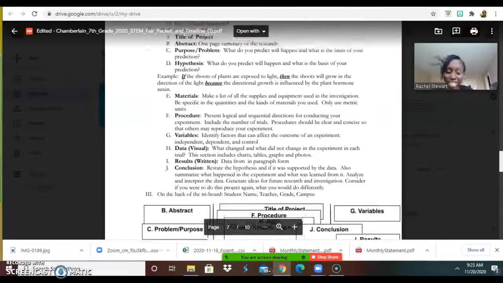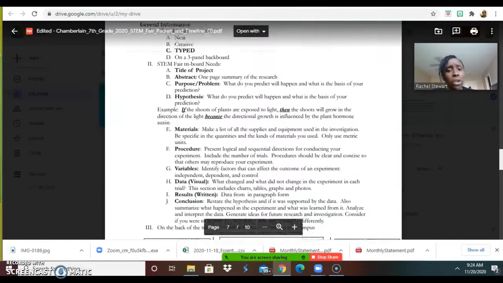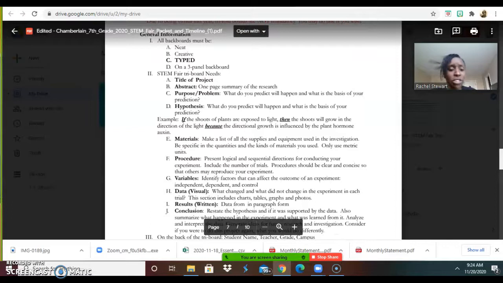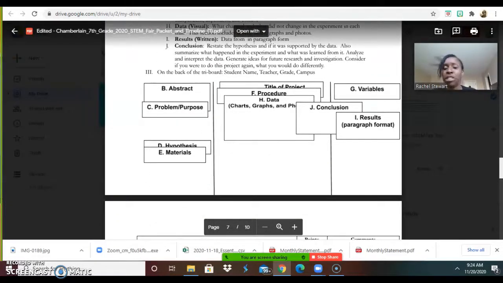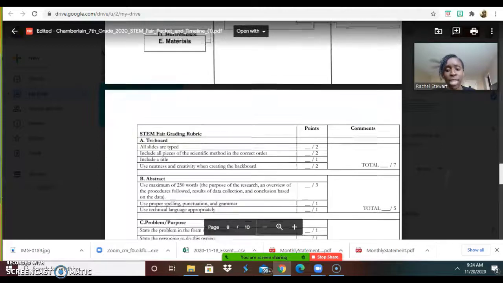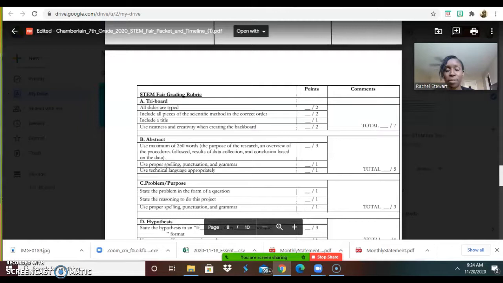It tells you everything. Now, I know that this part can be confusing because my computer was acting up. However, you can Google it. Everything is virtual. So just Google it. Google a trifold board. Some of you had examples last year, and just remember those same examples and Google it. Okay.